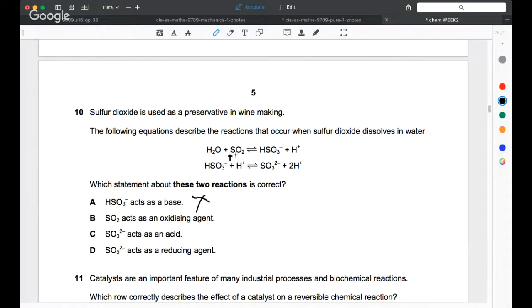This is +4, yeah, it's +1, and this is +4. So there's no change, so there's no redox reaction.